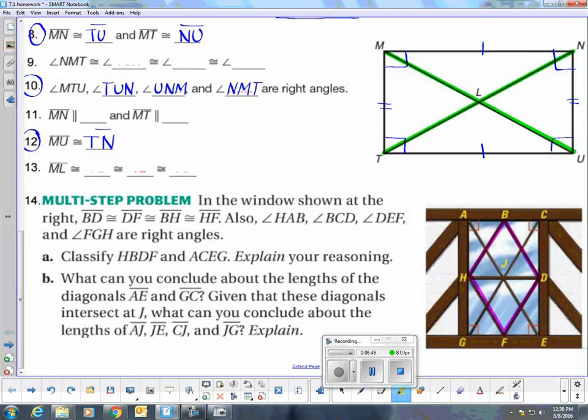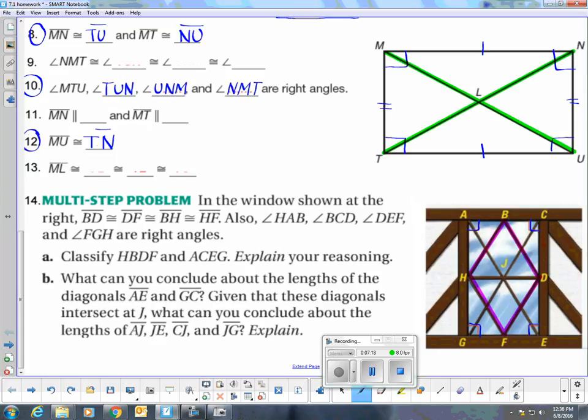And we can see in the diagram there's a right angle here in this corner. Angle BCD is also a right angle. Angle DEF is a right angle. And angle FGH is a right angle.